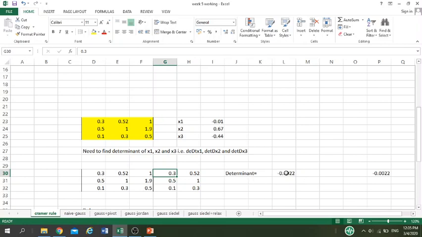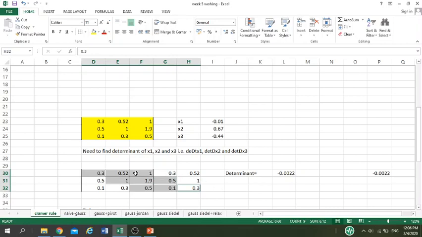Then we multiply the numbers along these diagonal lines: 0.3 times 1 times 0.5, plus 0.52 times 1.9 times 0.1, plus 1 times 0.5 times 0.3.